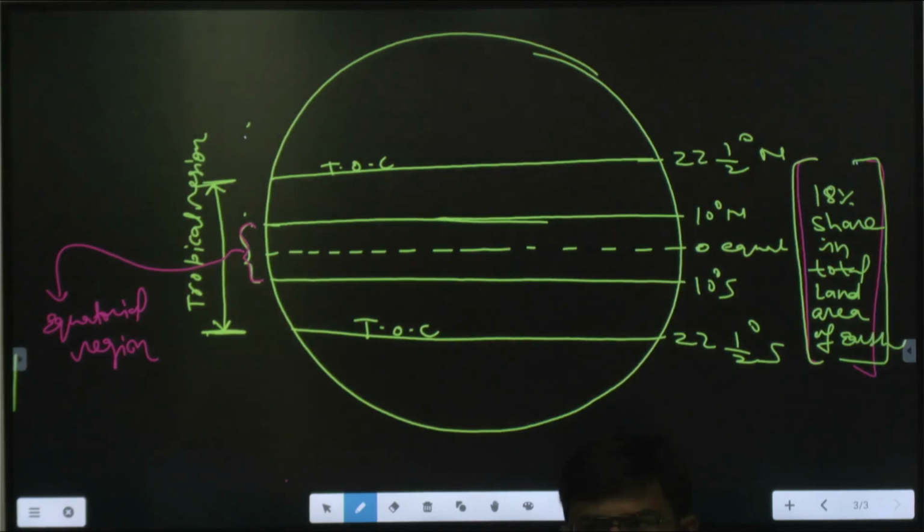Actually, there are five mega diverse countries in Asia, and I'm sharing their names. First, China, India, then Indonesia, Malaysia, and Philippines, right?